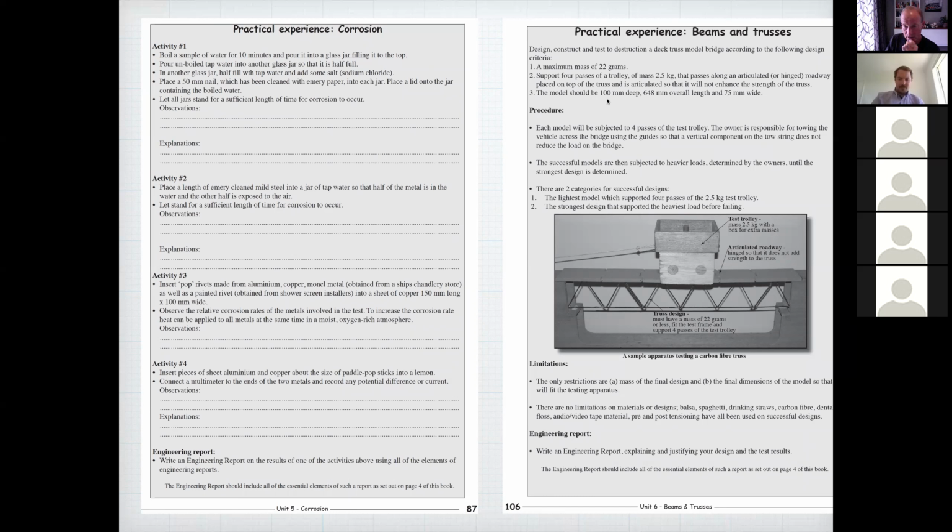Anyone can design a strong structure, but you've got to limit the dimensions and you've got to limit the mass of it. 22 grams. I mean, just a whiteboard marker is 17 grams. So they have to really do the design of this intelligently. And I had an articulated roadway across the top there, so that didn't take any force at all.